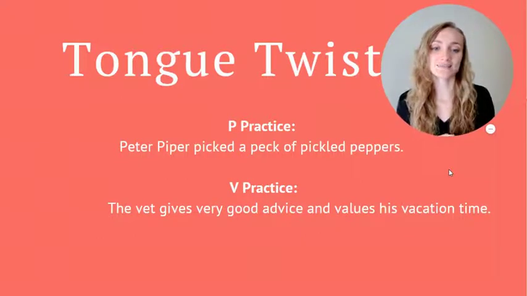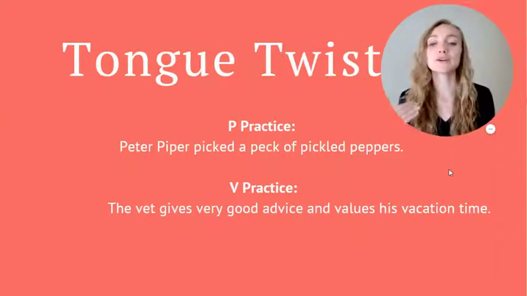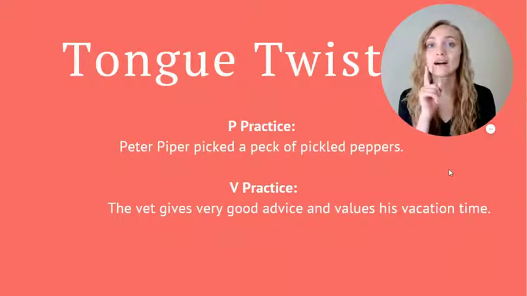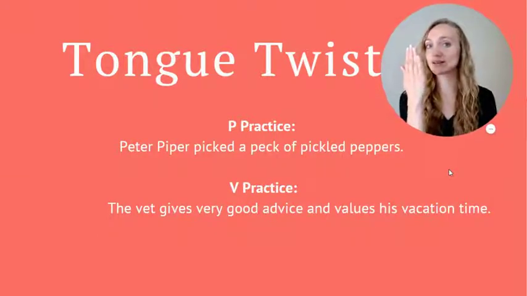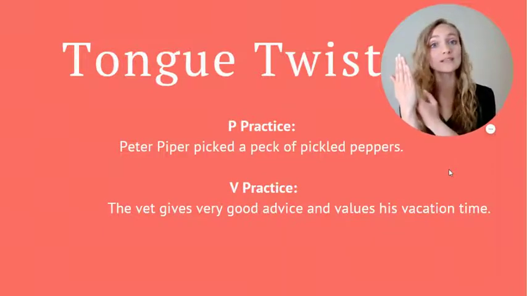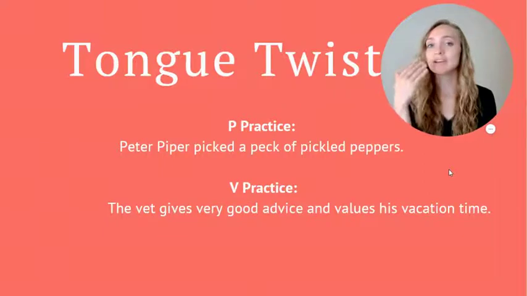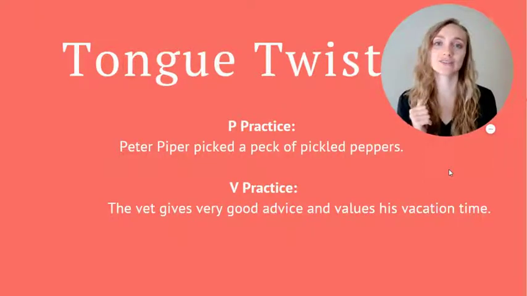So for example, for the P, a very typical tongue twister: Peter Piper picked a peck of pickled peppers. And we want to have that aspiration after each P. And you should feel, if you put your hand in front of your mouth when speaking these, Peter Piper picked a peck of pickled peppers, you should feel little puffs of air hitting your hand.